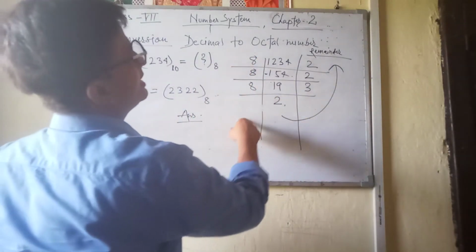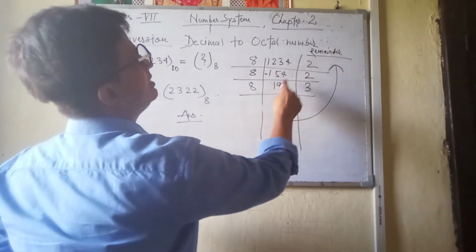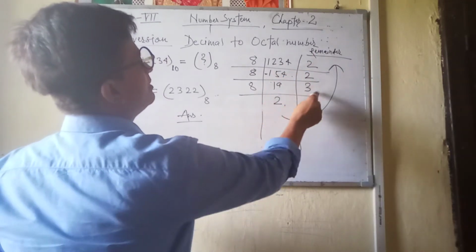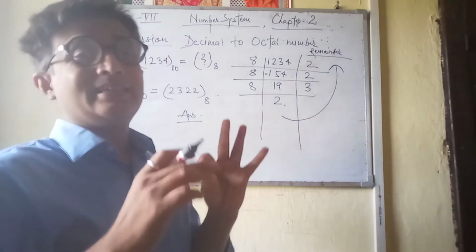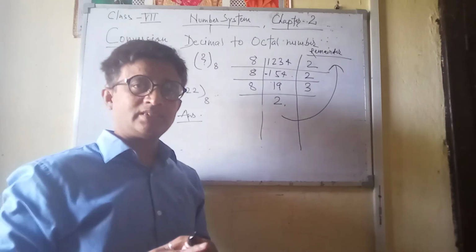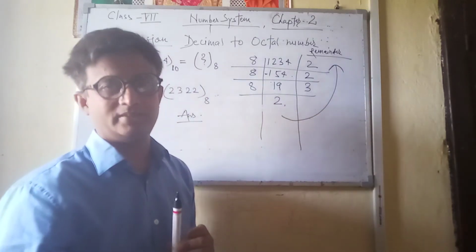Here we have divided. We got the quotient here, we got the remainder here. We got quotient, remainder, quotient, remainder continuously until we get a remainder less than 8, between 0 to 7.